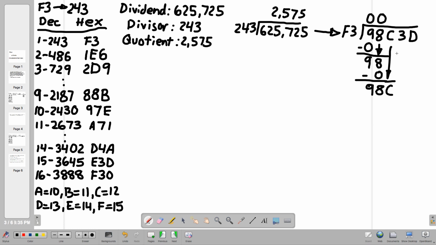And so F3 goes into 98C 10 times, but we have to represent it in hexadecimal by the letter A. So A goes here. And we have over here in the slide to the left that F3 times 10 is a hexadecimal value 97E. So we put that here.